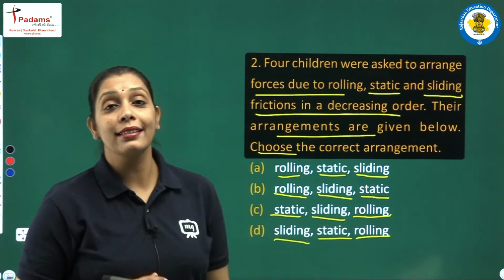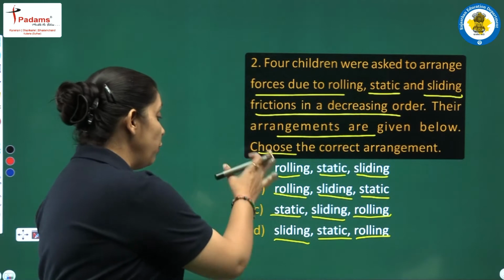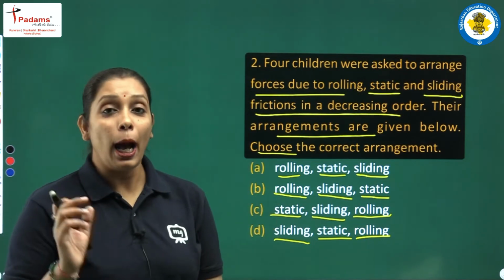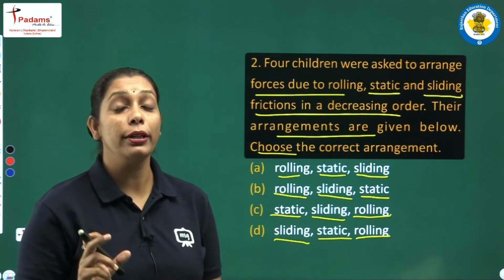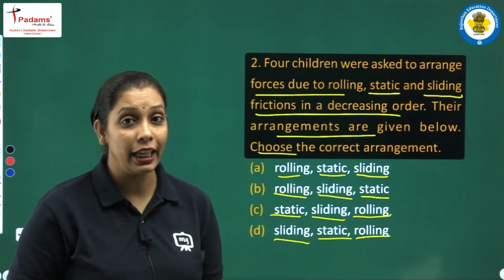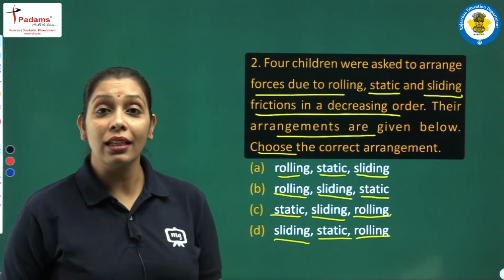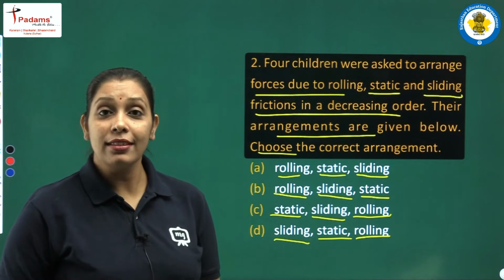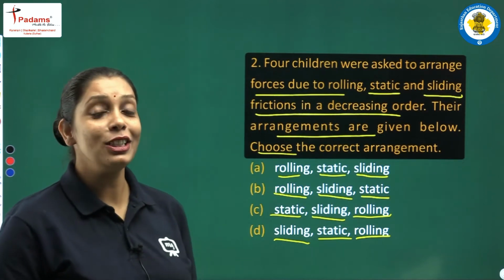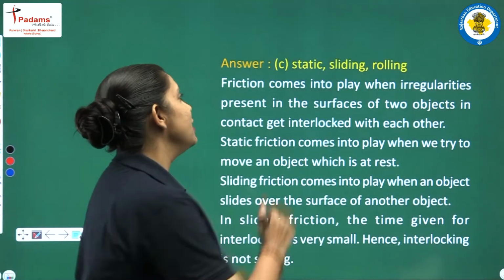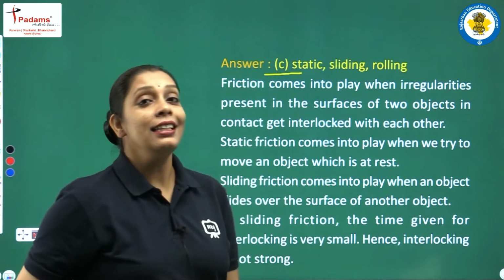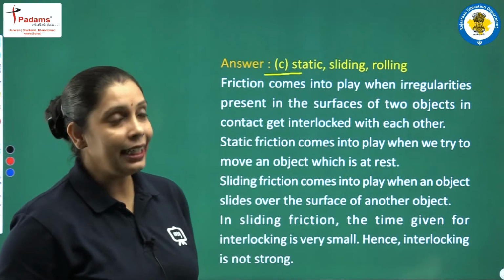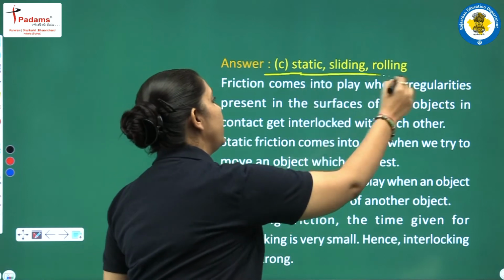Which one is correct in the given 4 options? You have to arrange them in descending order. So, what is the answer class 8th? Answer is option C, that is static, sliding and rolling.